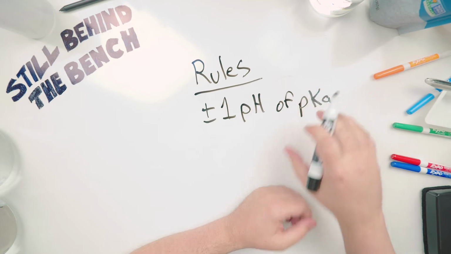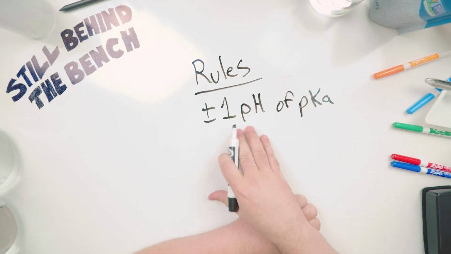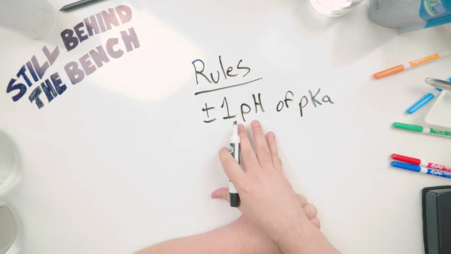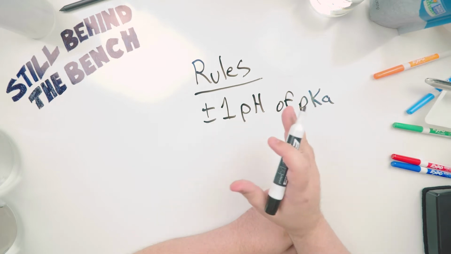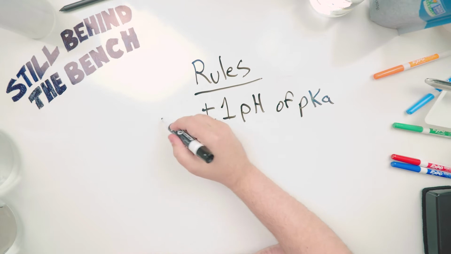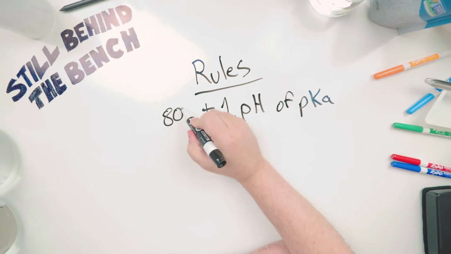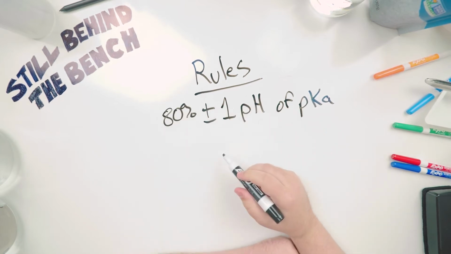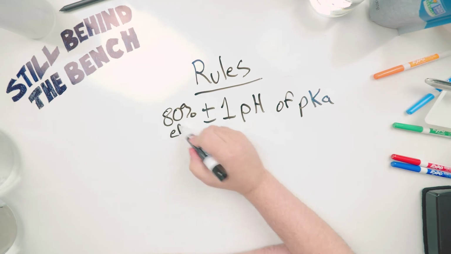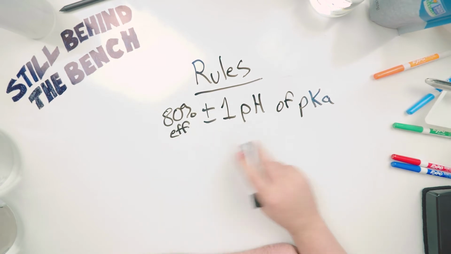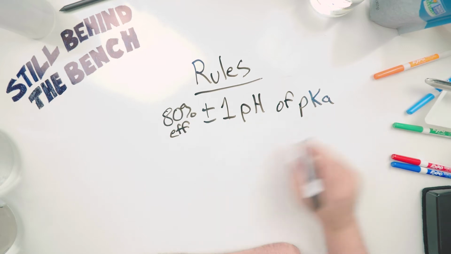We'll get to that in a bit. So if your pKa value is 4, if you tune your buffer for a pH of 3 or 5, it'll only be about 80% effective, if you're 1 pH point away from the pKa.